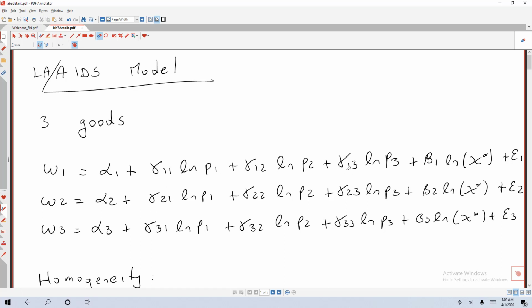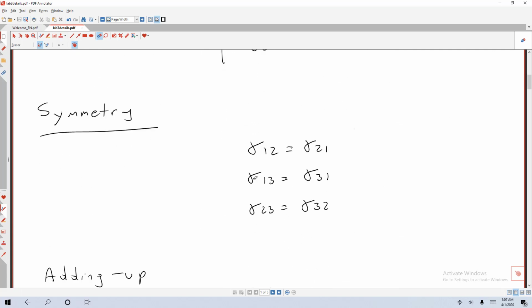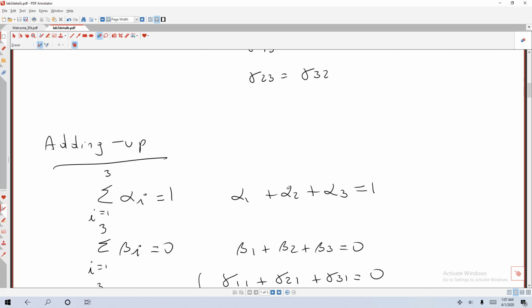And we have other restrictions for 1, 3 and 3, 1. So the effect of price 3 on the first equation has to be equal to the effect of price 1 on the third equation. Then we have the same thing for 2, 3 and 3, 2. And these are the three symmetry restrictions that we have.